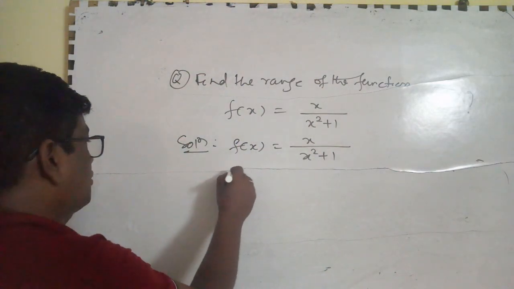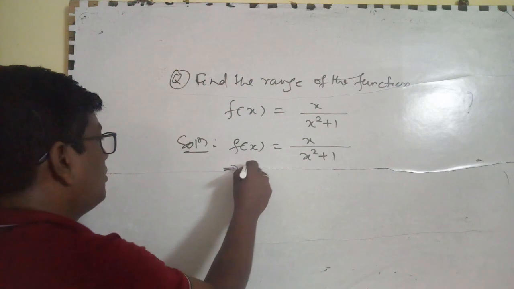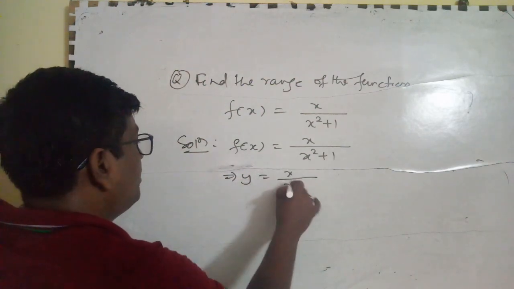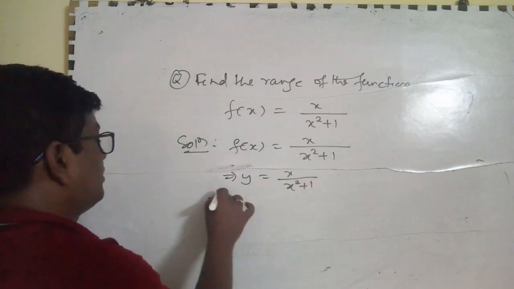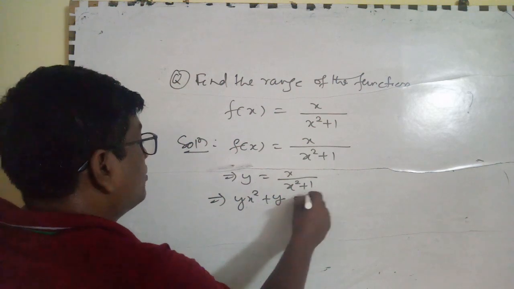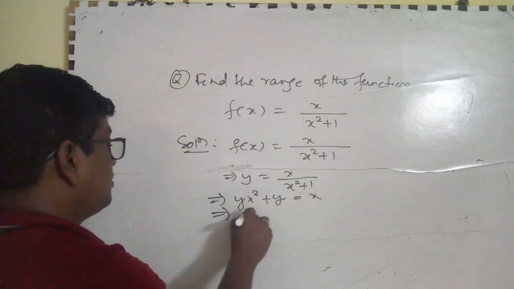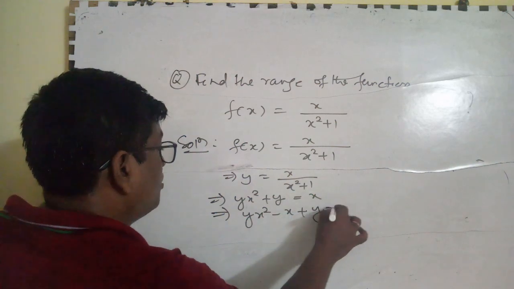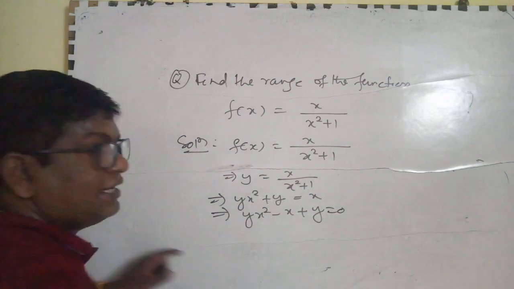Put f of x is equal to y. That implies y is equal to x by x square plus 1. That implies yx square plus y is equal to x. That implies yx square minus x plus y is equal to 0. This is quadratic in x.